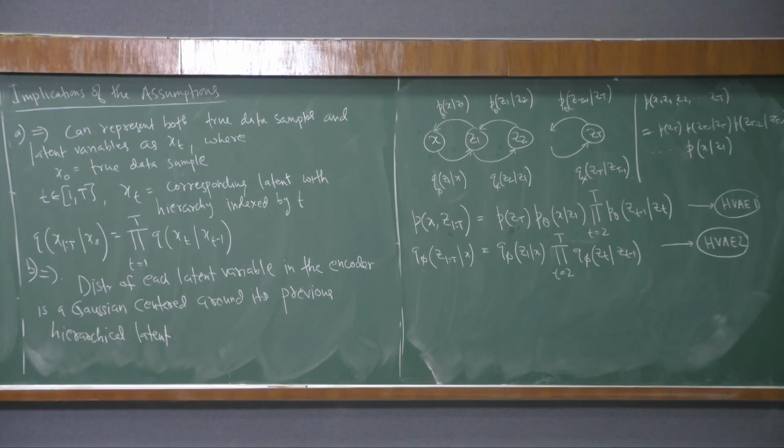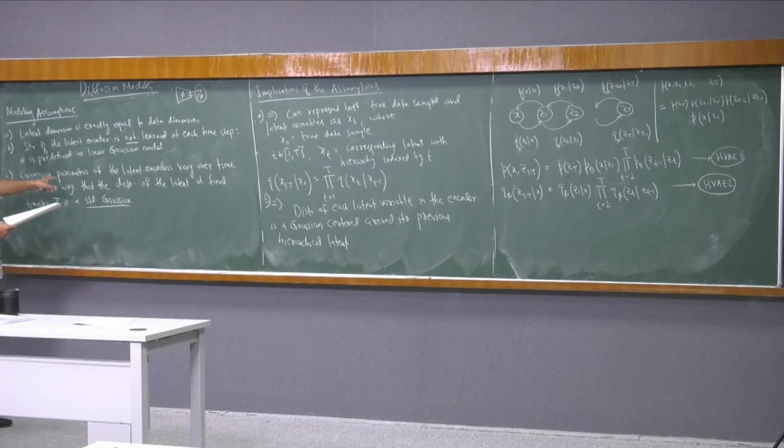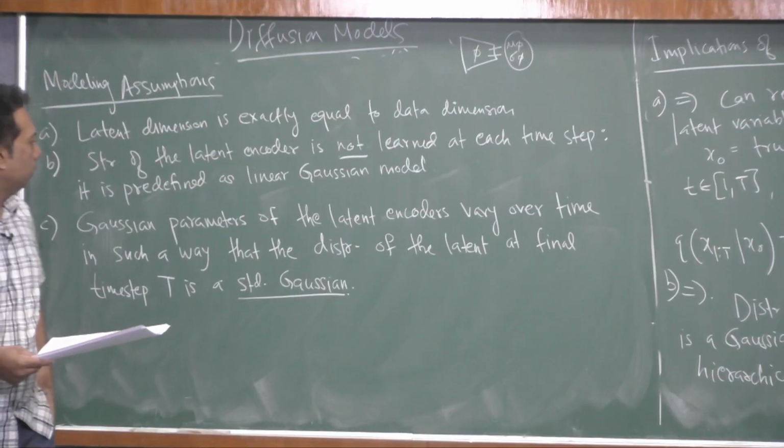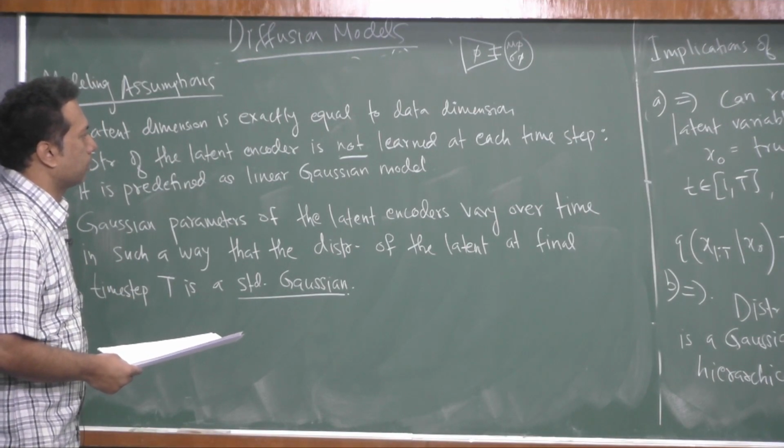We are trying to expand on what we are saying here, but this is also not very clear, I know, what is the meaning of centered around the previous hierarchical latent, but we will make it very precise. When we say that it's predefined as a linear Gaussian model, it essentially means that the mean and the variance are made precise.